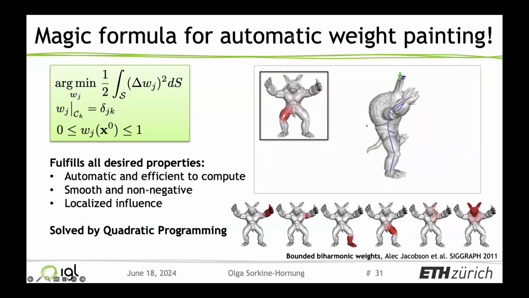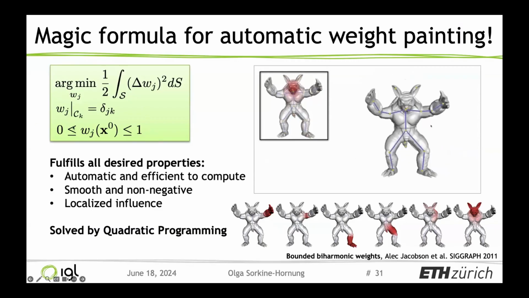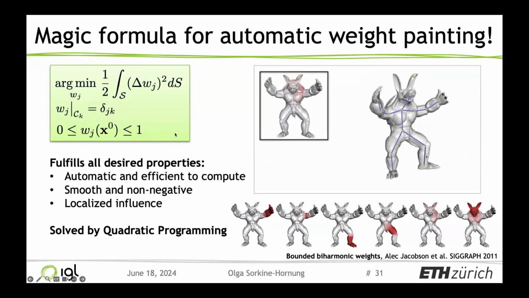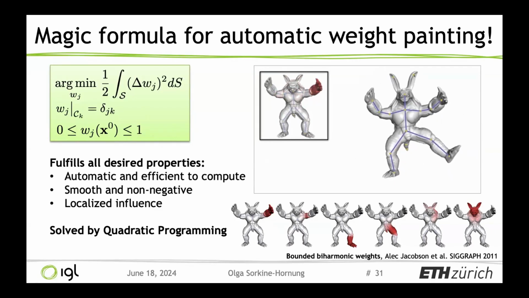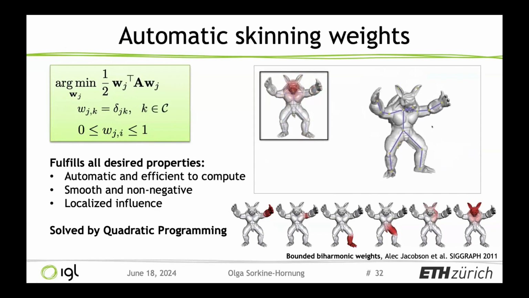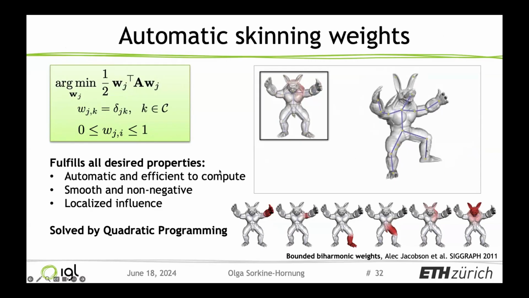It's optimizing squared Laplacian of the weights over the entire surface, producing a very smooth function. And by adding these inequality constraints that the weights have to be between 0 and 1, we get non-negative weights that are indeed valid for this problem. And you can solve it in a discrete way by solving a quadratic programming optimization. So it's fairly efficient.